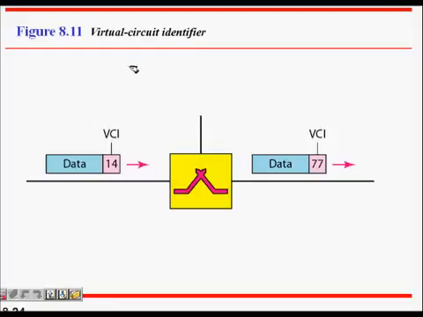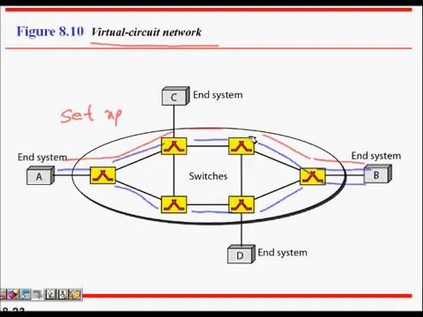We have what is known as a virtual circuit identifier. If there is a path from node A to B, then we need a virtual circuit identifier that identifies that A and B are talking to each other, so this will be my virtual circuit. Each link here needs an identifier.